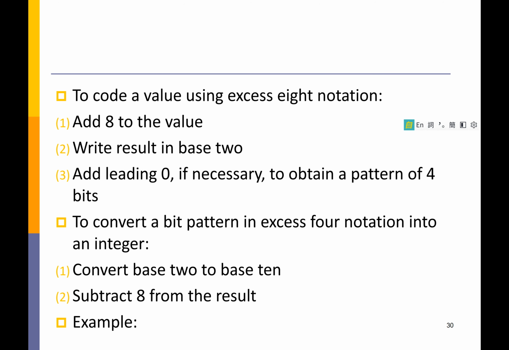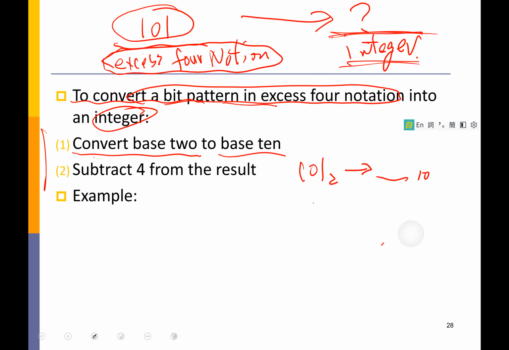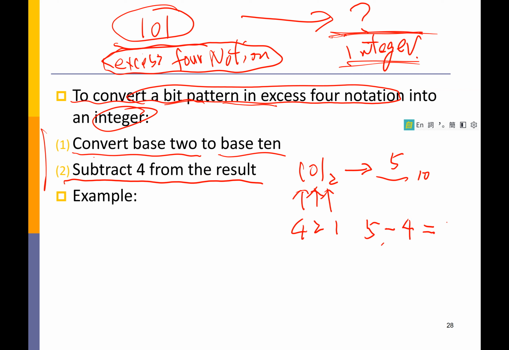This has weight of 4, this weight of 2, this weight of 1. So we get 5, right? Now, second step, subtract 4 from the result. So 5 subtract 4, we get 1. So it means 101 represents the integer 1.